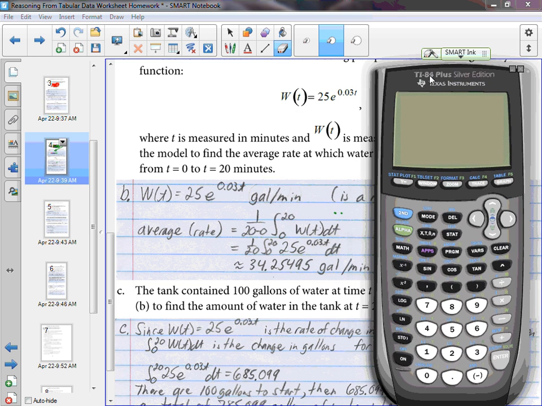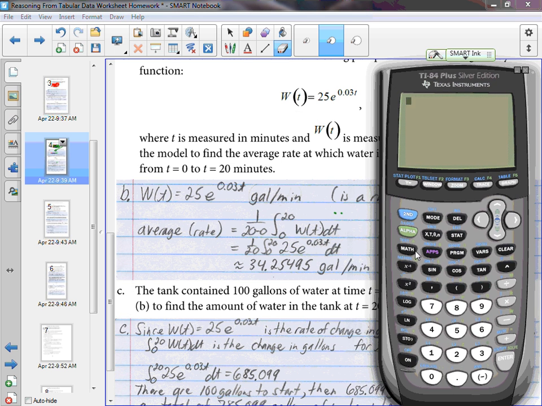It's amazing how that helps. I want the integral from 0 to 20 of this, so I need y1 to be 25e to the 0.03t, so x for us.